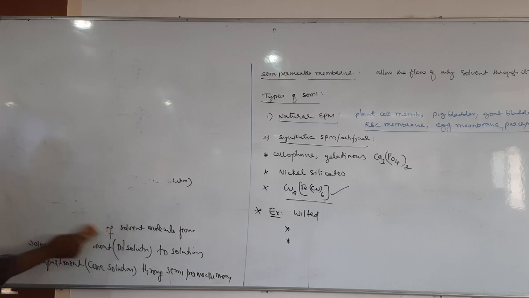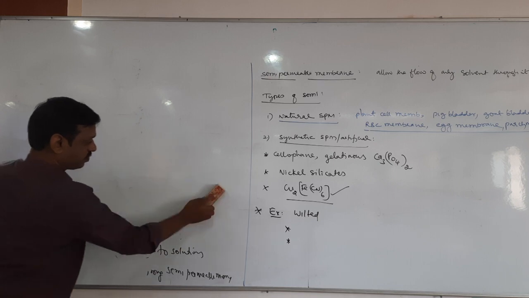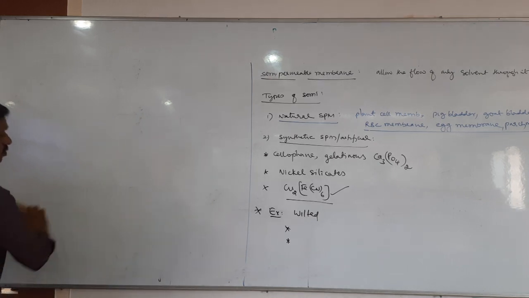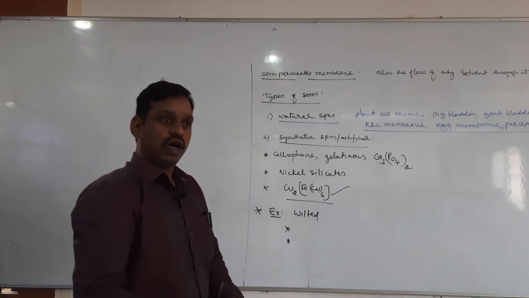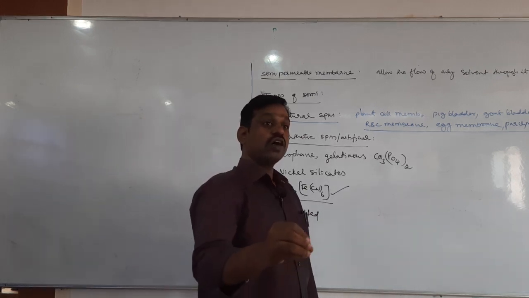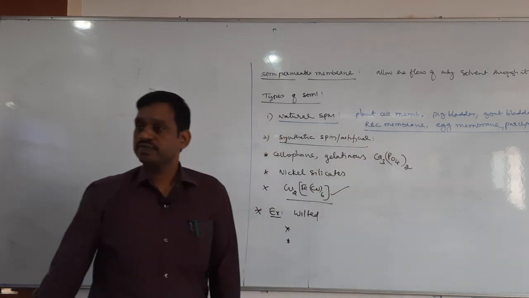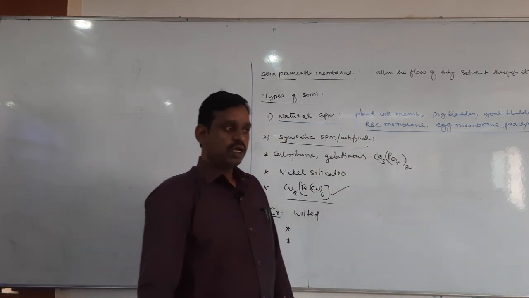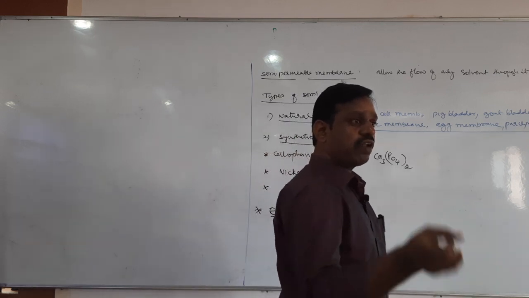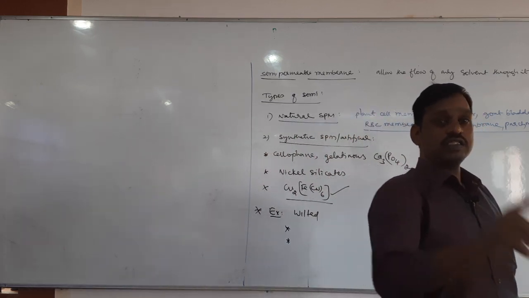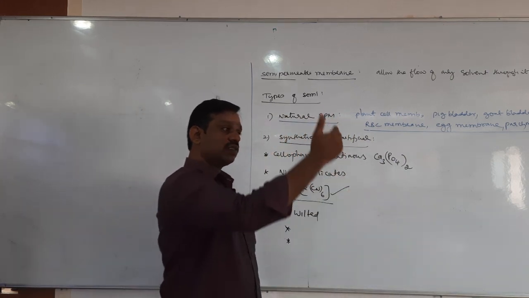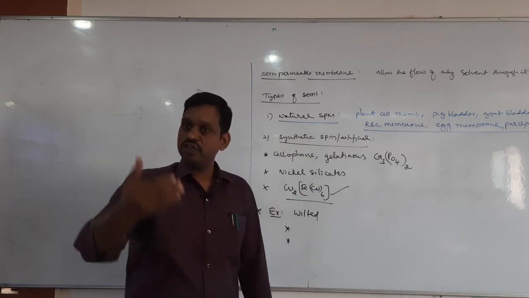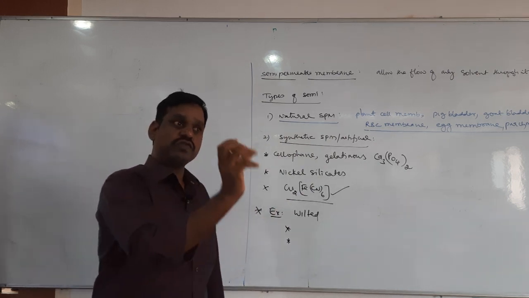Do you understand what is osmosis? The spontaneous flow of solvent from solvent compartment to solution compartment, or dilute solution to concentrated solution through the semi-permeable membrane. Then what is semi-permeable membrane? The membrane which allows the flow of only solvent but not solute. Actually the reason is the semi-permeable membrane has small pores. The pore size is very small.